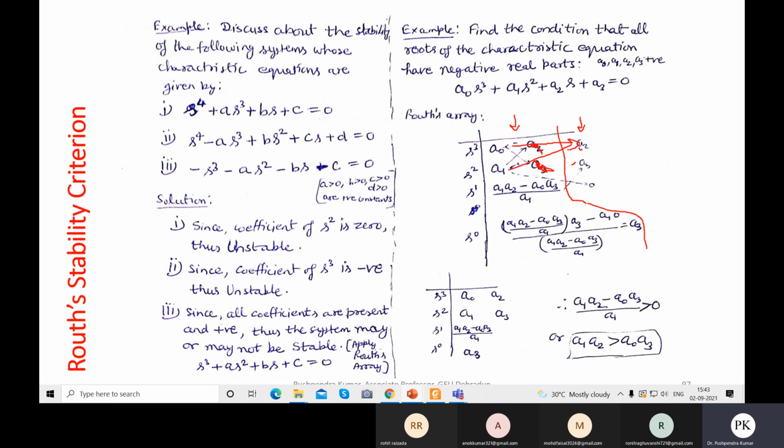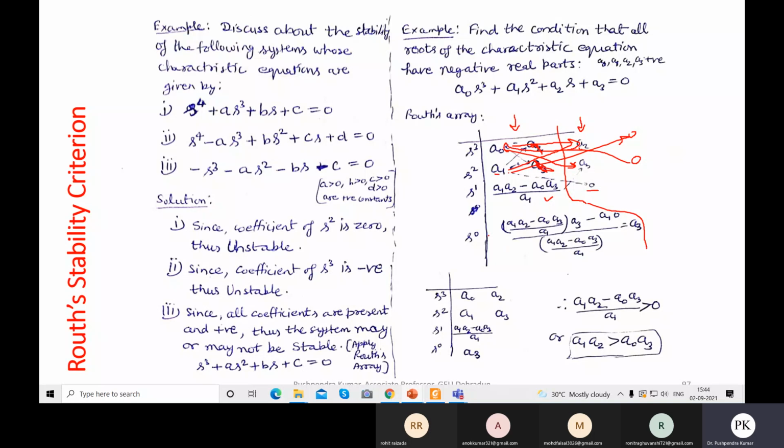Now you can do it: a1 a2 minus a0 a3 divided by a1. This is your first term. Similarly, for this a1, there are no other terms here, so all are 0. a1 times 0 will be 0 and a0 times 0 will be 0, so in the second column I put 0.